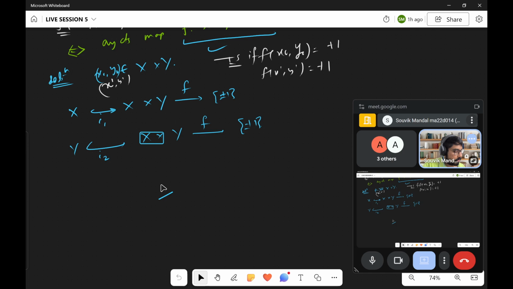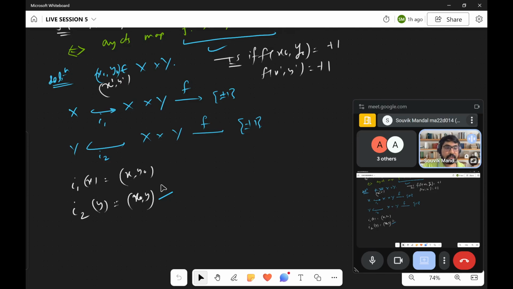Okay, so what we can do is take the function I1 of x equal to x comma y naught, and I2 of y equal to x naught comma y.